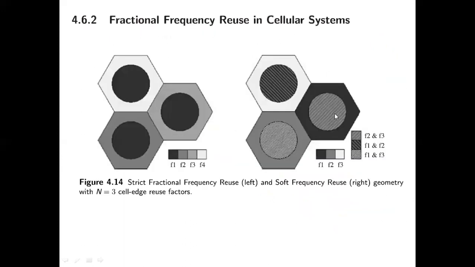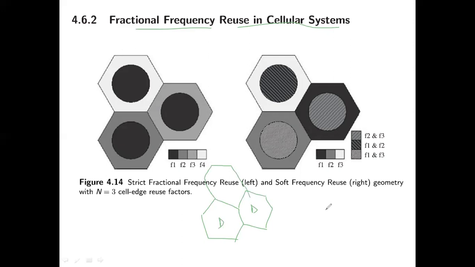But then there are better methods that have been employed. The best method, by the way, that is being used is fractional frequency reuse. You might remember when I spoke about cellular communication, the whole reason why cellular communication was suggested was the frequency reuse factor. When it was suggested, the idea was, say there is a tower here and a tower here, and both of them are using sufficiently low power transmission.